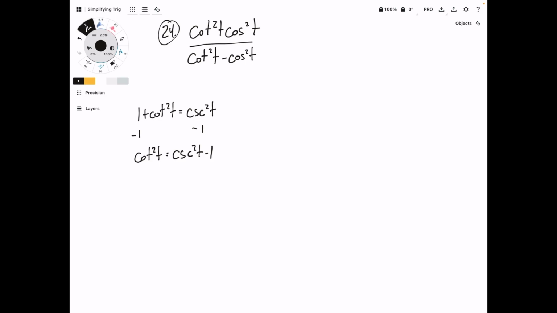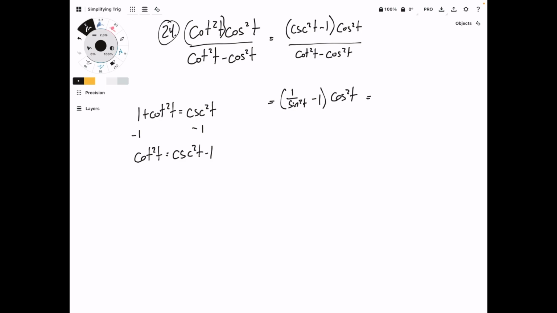Then we're going to replace this portion of the expression. Cosecant squared t is actually equal to 1 over sine squared t. So we're going to rewrite it like this.